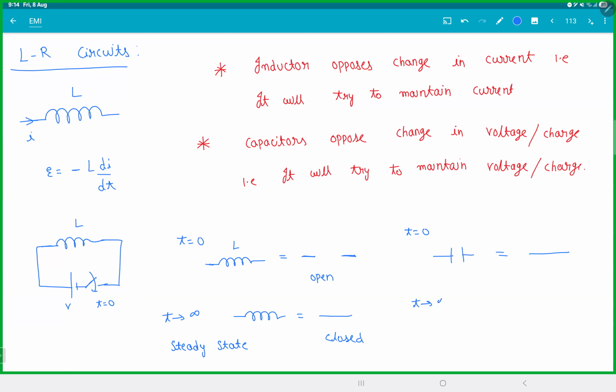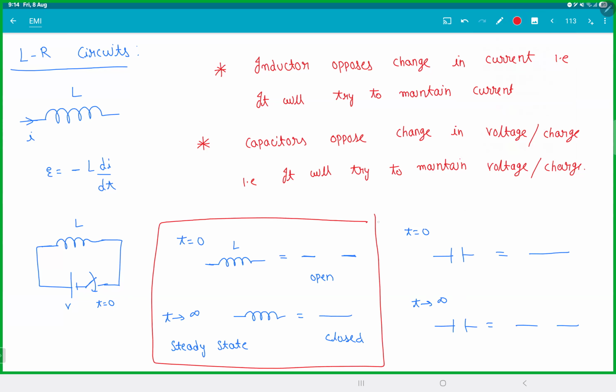At T infinity, a capacitor will be fully charged. It won't let any charge flow. It will become an open circuit. So be careful, both are opposite. A capacitor and inductor will have the reverse steady state.